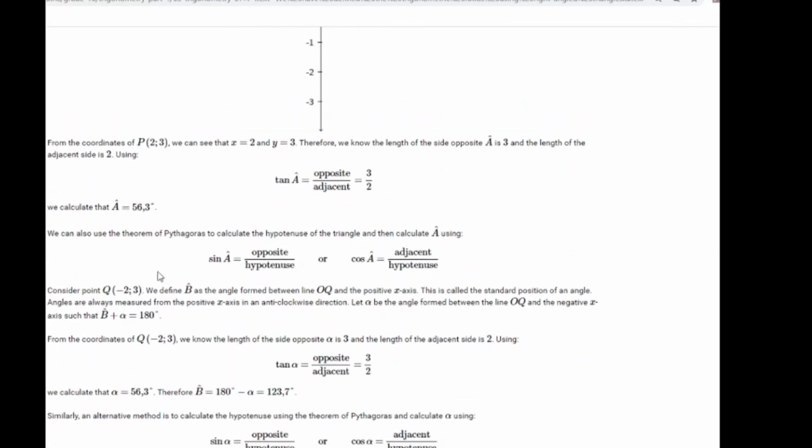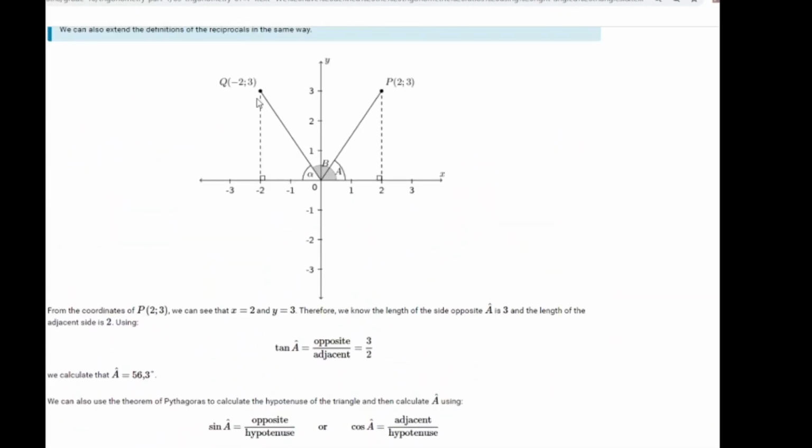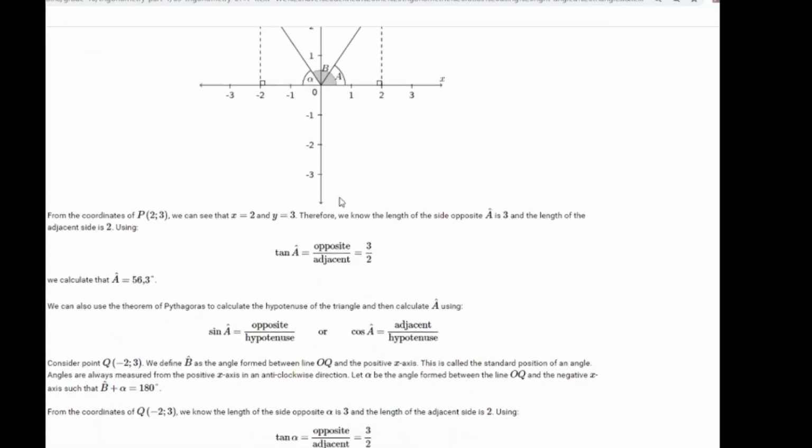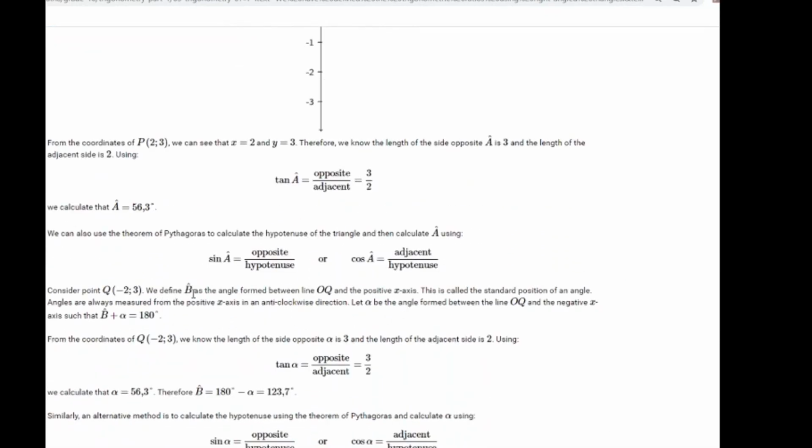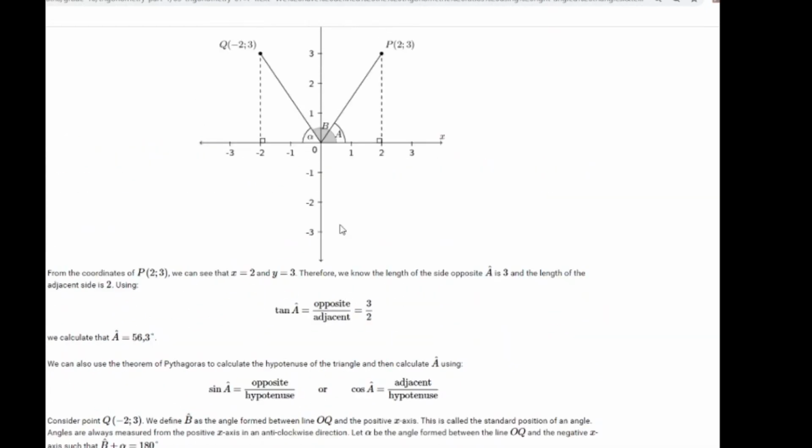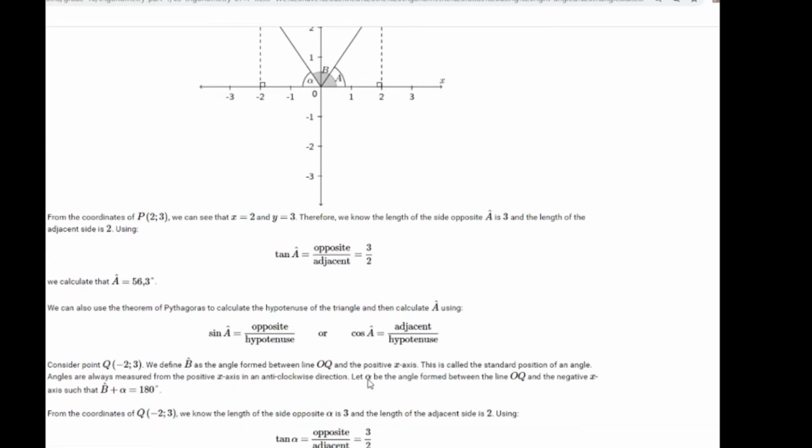Consider point Q. Point Q is that one there. And then we define angle B as an angle formed between OQ and the positive x-axis. Angle B is that one highlighted in gray, right?